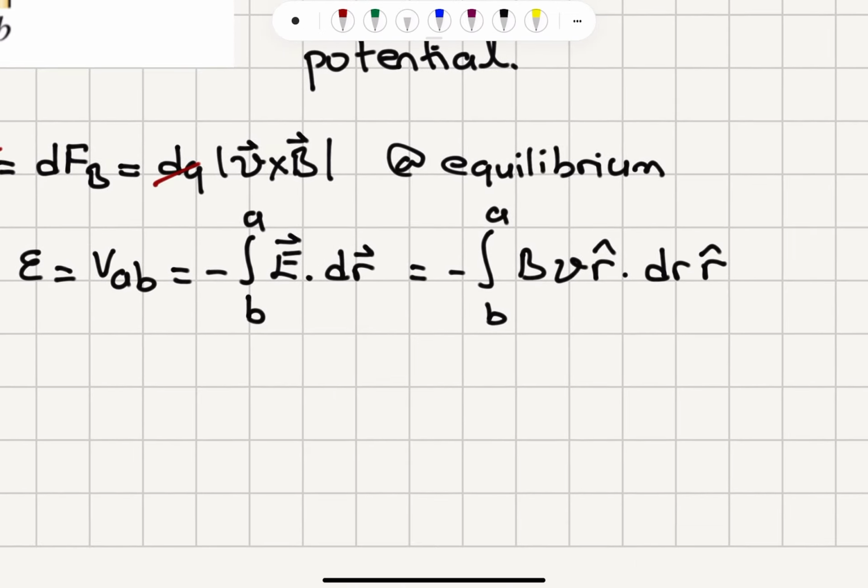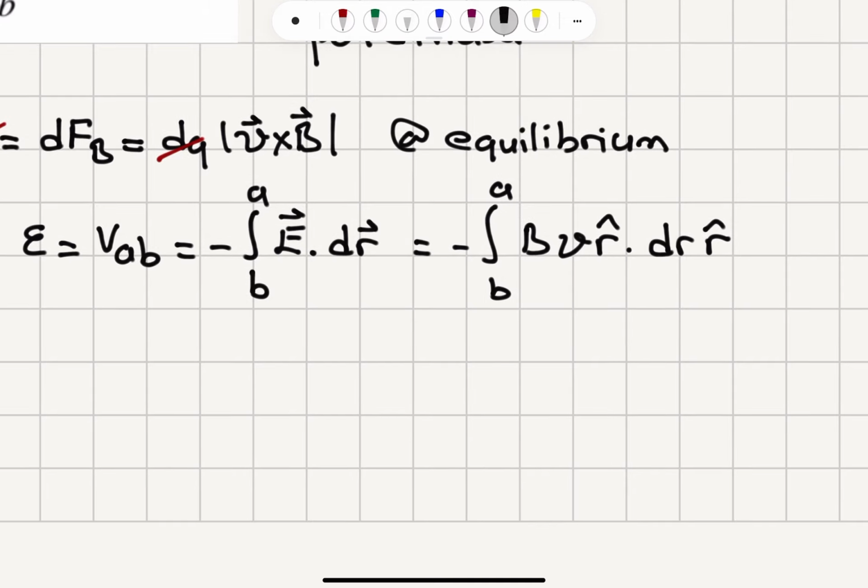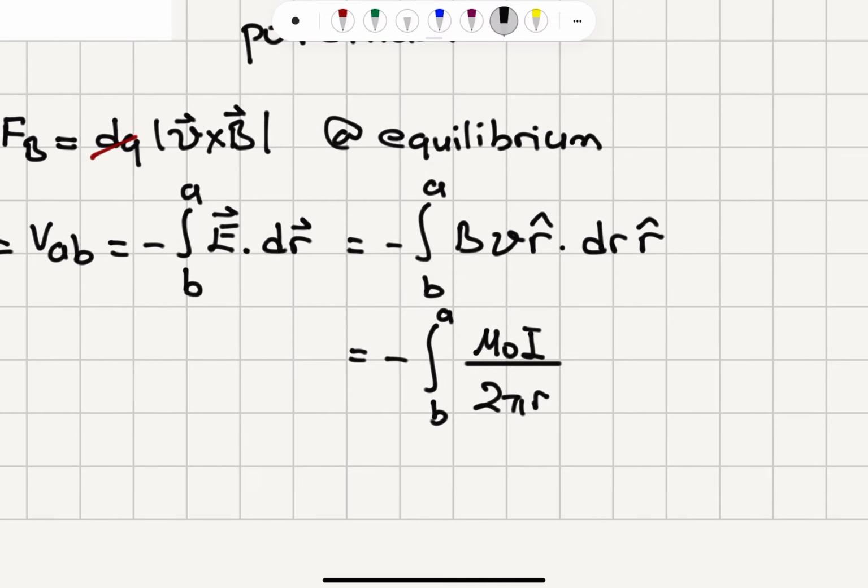Okay, so if I perform this integral, I will find minus the integral B to A. The magnetic field magnitude is mu 0 I divided by 2 pi r. r hat dot r hat is 1, so v dr.